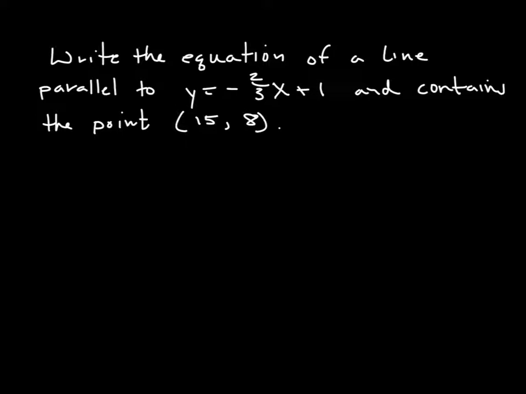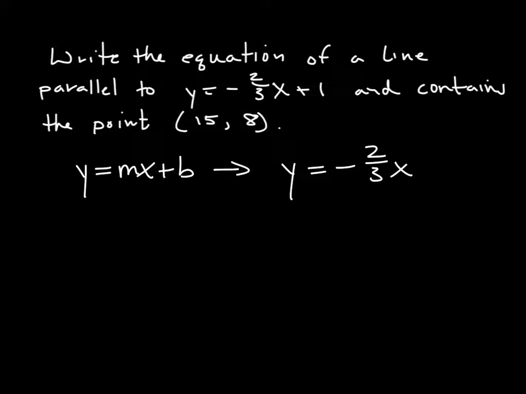Now, why is that important? My new equation is going to be parallel to this one, because of the word parallel. I'm going to ignore the point for now. My new line, y equals mx plus b, is going to start out with y equals -2/3 x. I'm not going to put the plus or minus whatever yet, because I don't know what it's going to be.